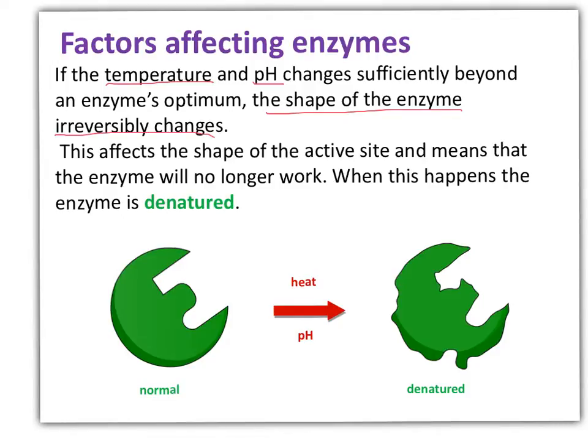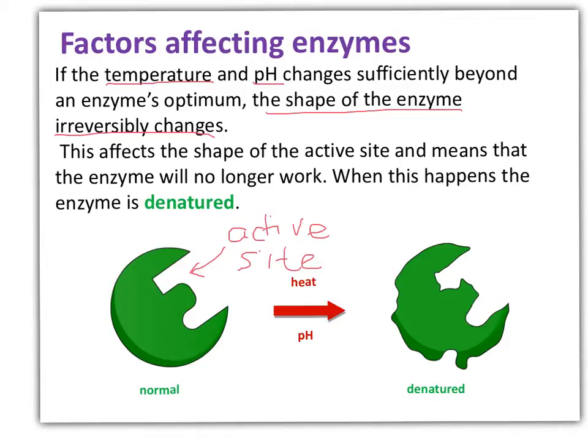Okay, so remember, the part of the enzyme that's really, really important is this bit. It's the active site. Okay, so it's the active site. Okay, now if in extremes of temperature and extremes of pH, what happens to this active site is it changes shape.